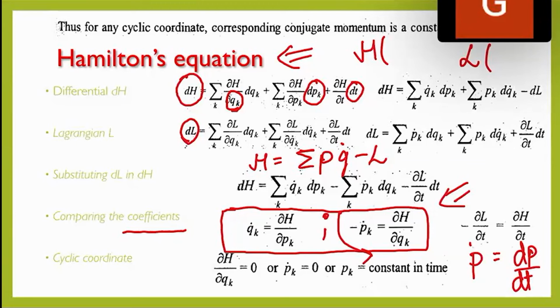They make our life easier when we use Hamilton's equations in solving for dynamic systems. So these are your Hamilton's equations of motion, which were obtained like this.